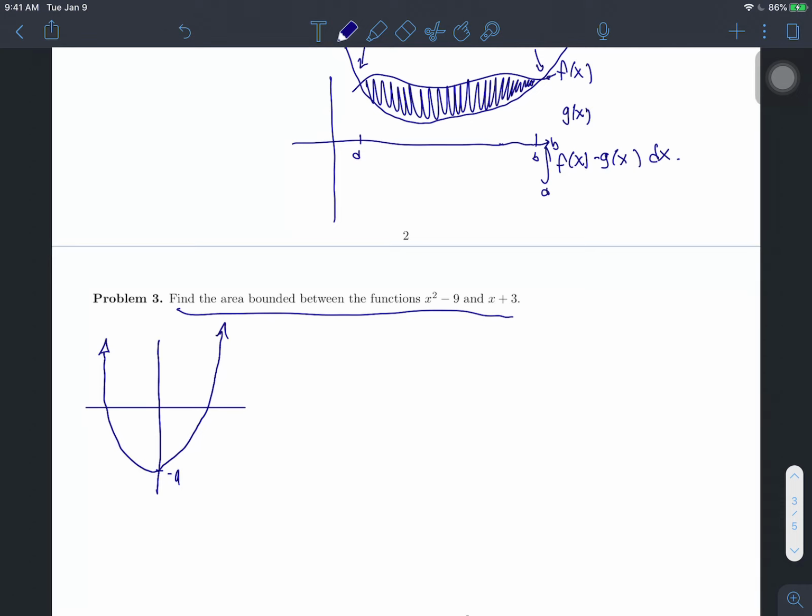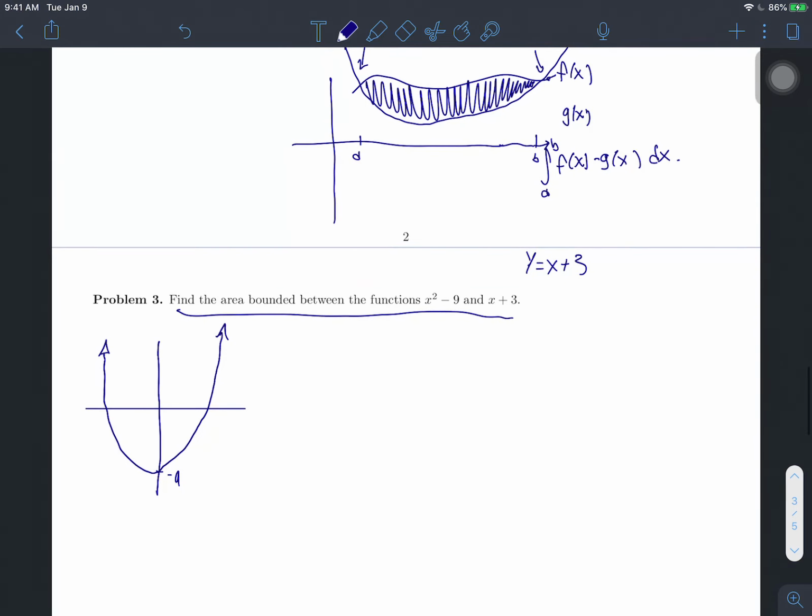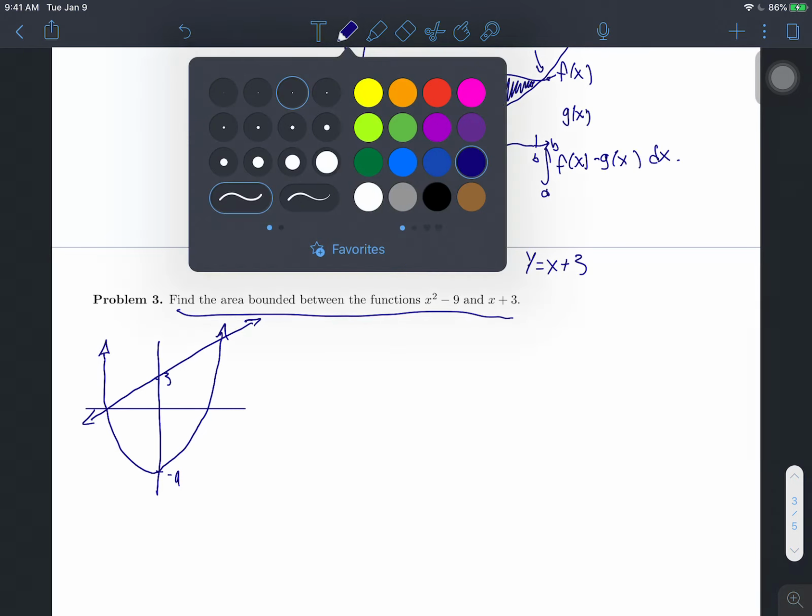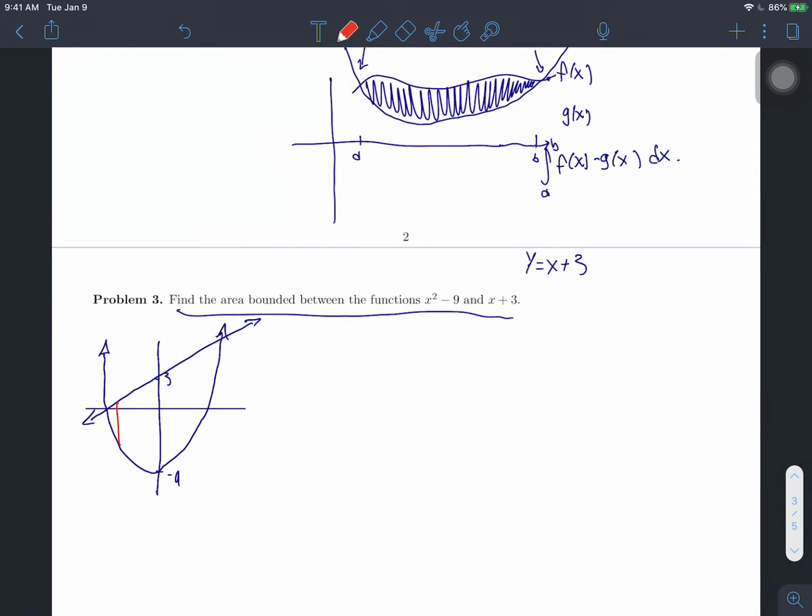Anyone besides the usuals want to take a crack at it? X plus 3, y equals x plus 3. Yep. It's a straight line. Is that the same answer you had, Emily? Okay, good. It's going to be a straight line, and where's the y-intercept? Yeah, positive 3. So here's 3, and it's going to be a straight line with slope 1, just going like this. And our task is to find this area.